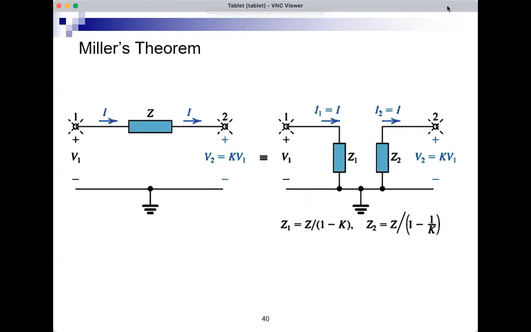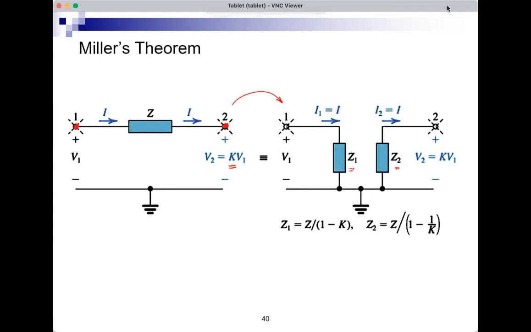This is an illustration of Miller's theorem. If I have a circuit with an impedance Z between two nodes, node 1 and node 2, such that the voltage at node 2 is some given multiple K of the voltage at node 1, then I can transform the circuit into another one, which is equivalent to the first one, but now with two impedances, Z1 and Z2.